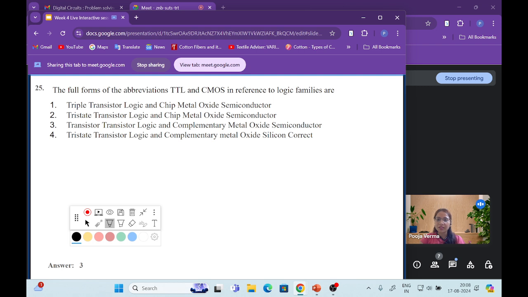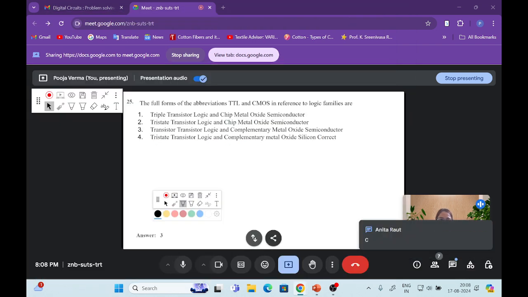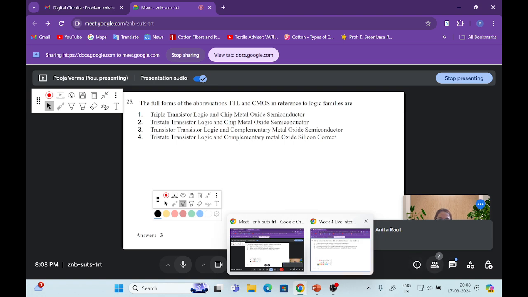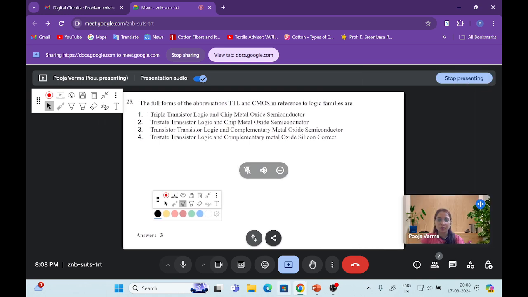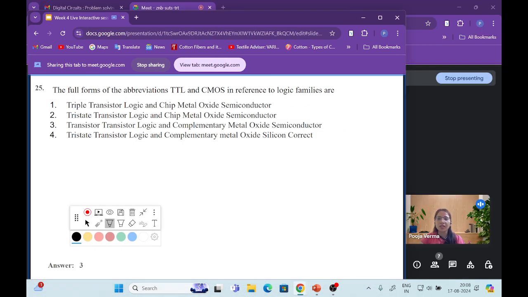Third option is transistor logic and complementary metal oxide semiconductor. And fourth one is tri-state transistor logic and complementary metal oxide silicon. Which one is correct? Option C, or option 3, is the correct option. The full form of TTL is transistor-transistor logic, and CMOS is complementary metal oxide semiconductor. So option 3 is the correct answer for this question.